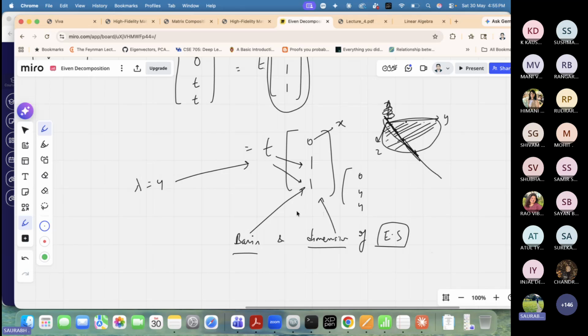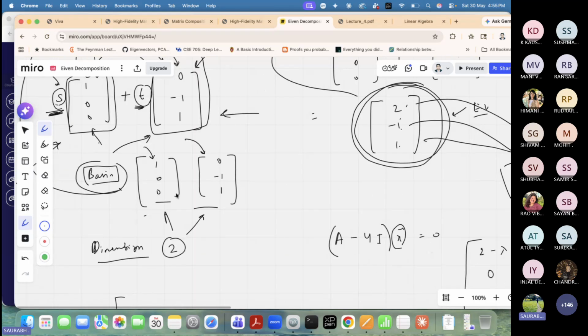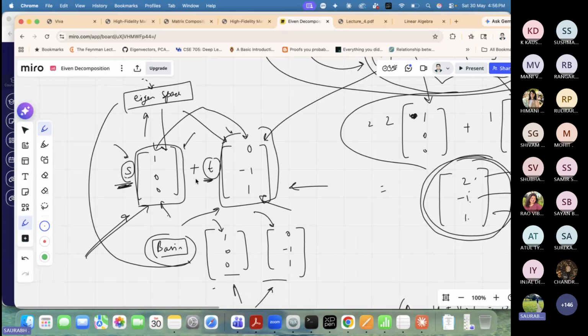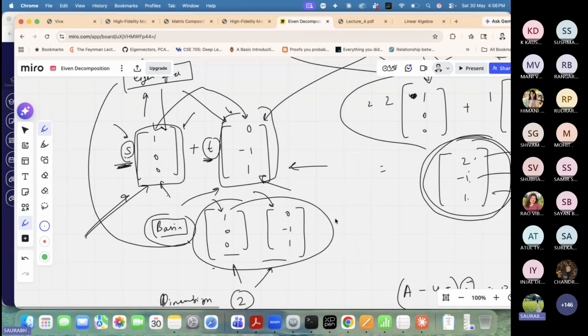Lambda equals 2 has its own eigenspace, so here the eigenbasis would be constituted of these two vectors, and the dimension would be 2. Both eigenvectors are different, so they would have their own eigenspace.